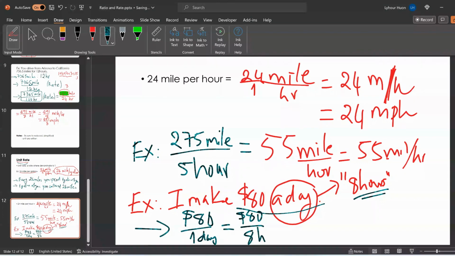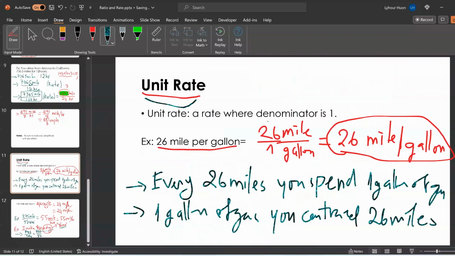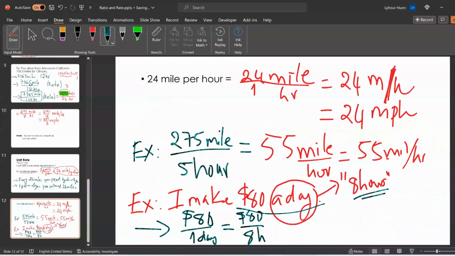Is it a unit rate already? $80 per 8 hours. A unit rate has to have a denominator of 1, but now our denominator is 8 hours. So we need to divide by 8. 80 divided by 8 is 10. $10 per hour.